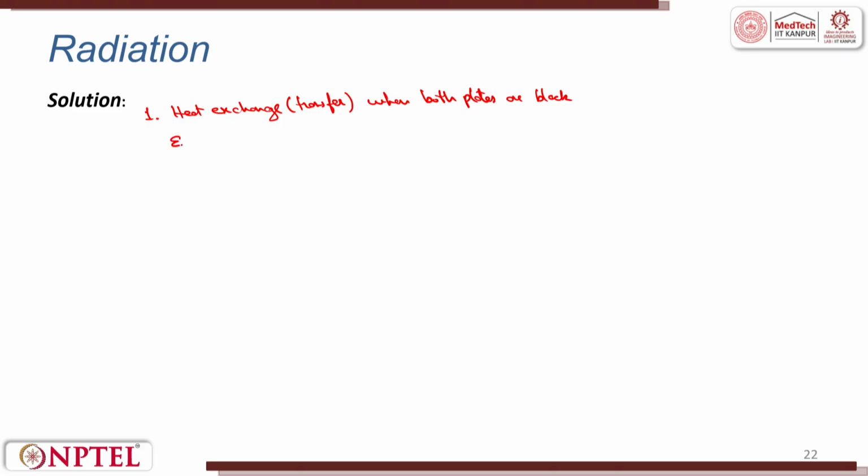That means emissivity is 1, that is epsilon 1 is equal to epsilon 2 is equal to 1. We need to find the value of Q at epsilon equal to 1. This is equal to A times sigma times T1 power 4 minus T2 power 4 over 1 by epsilon 1 plus 1 by epsilon 2 minus 1.